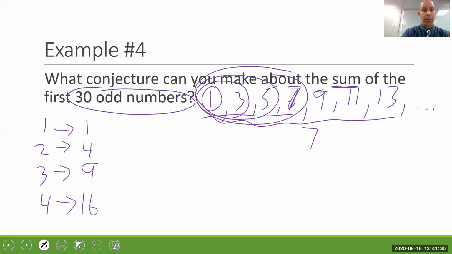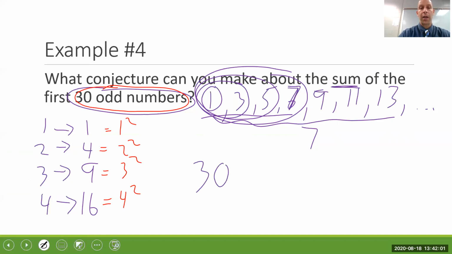Interesting. So I'd like to note that 16 is the same thing as 4 squared. 9 is the same thing as 3 squared. 4 is the same thing as 2 squared. And 1 is the same thing as 1 squared. So what do we think the sum of the first 30 odd numbers is? Well, I conjecture it's going to be 30 squared, because this was the pattern, right?